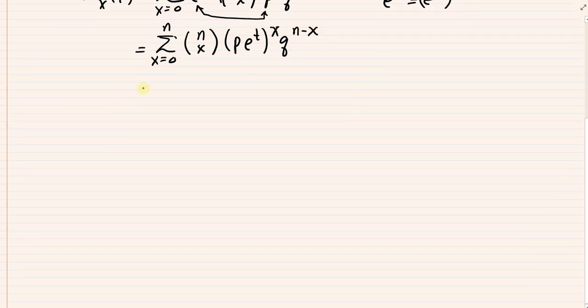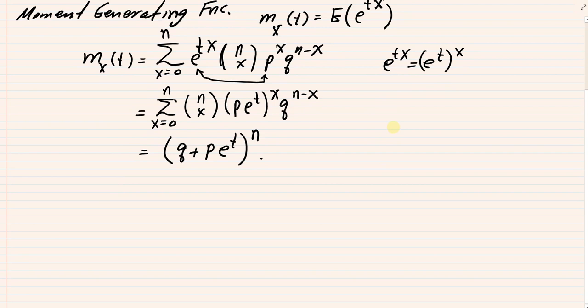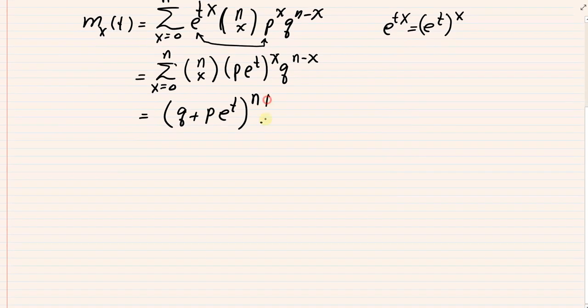And we recognize this latter summation as the binomial expansion of q plus p e to the t, to the nth power. That's what this summation ends up being. So there you go, that's the answer for the moment generating function.